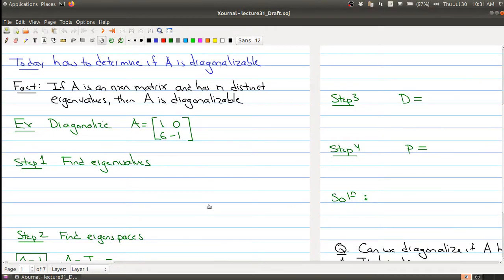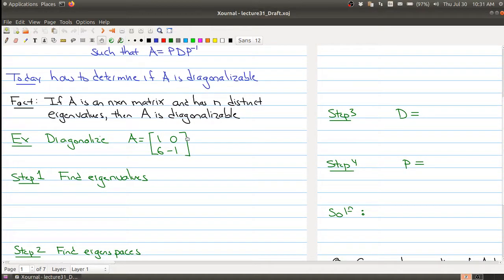Okay, so let's say you want to diagonalize this matrix. Well, you have to find the eigenvalues. And let me just point out that there's a shortcut for this example. Notice that A is triangular. So we already know what the eigenvalues are. They're the diagonal entries.